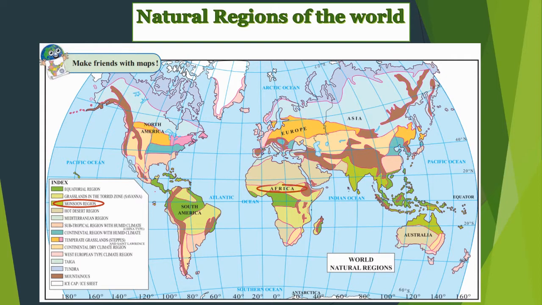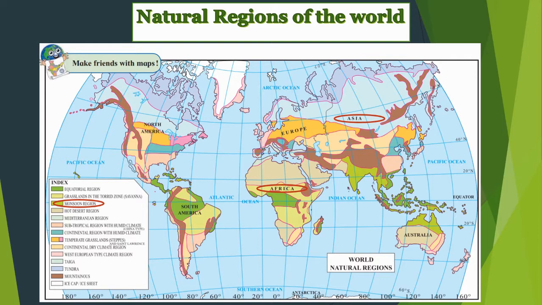The third question is, which continent has the highest diversity in terms of natural region? That is the Asia continent, as you can see in this figure. The next question is, why are there fewer natural regions in the southern hemisphere than those in the northern hemisphere?